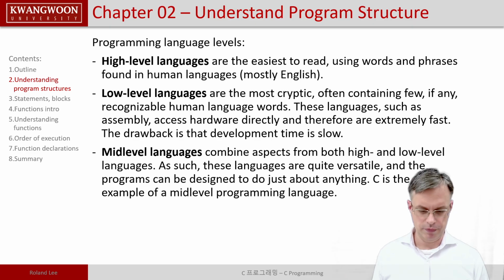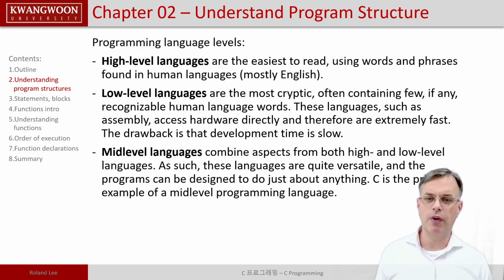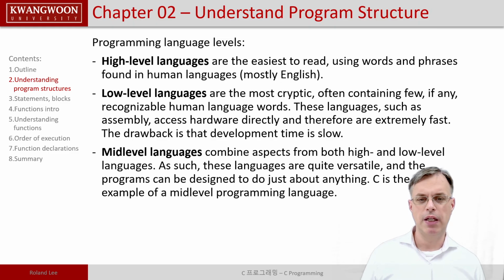Low-level languages are the most cryptic, often containing few, if any, recognizable human language words. These languages, such as assembly, access hardware directly and therefore are extremely fast. Now, of course, the drawback is that development time is slow because pretty much everything must be done from scratch.